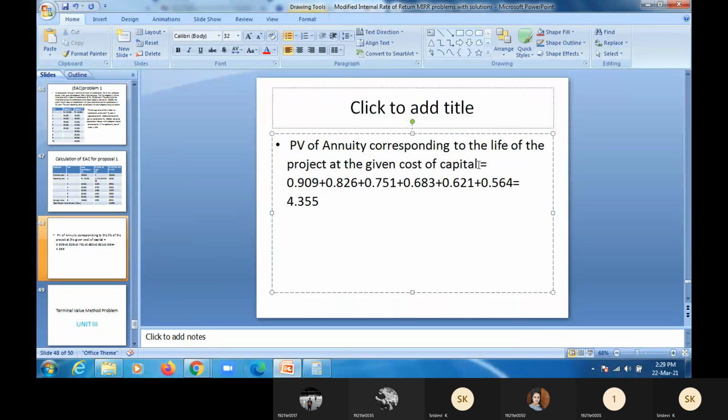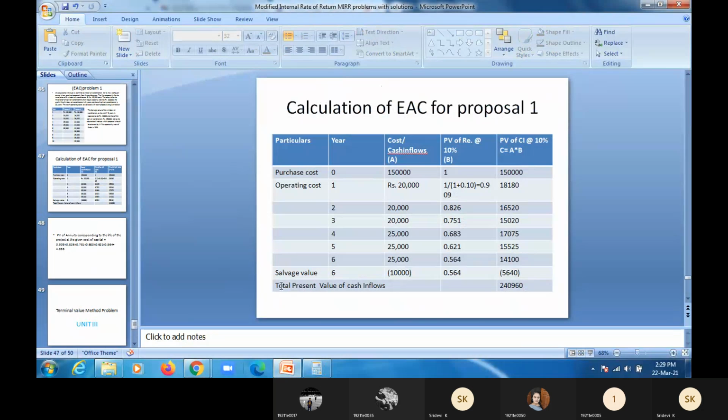So what is the other thing that we need to calculate? You need to apply the total present value of cash inflows.